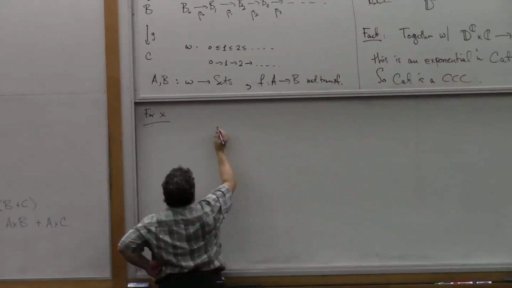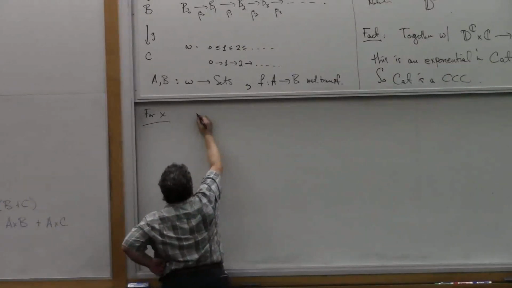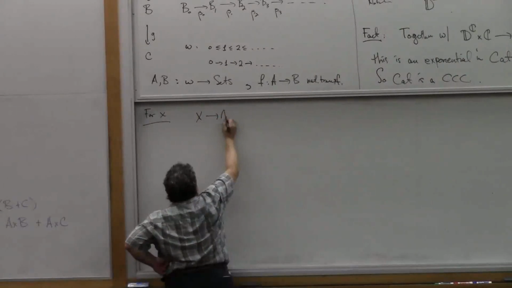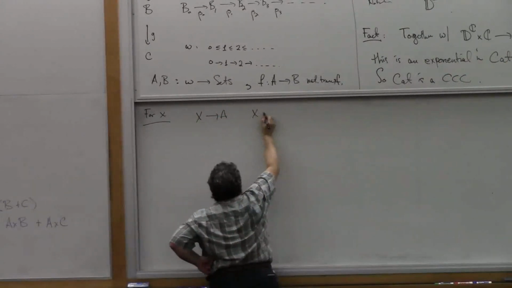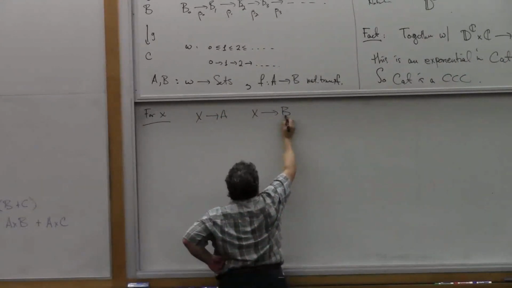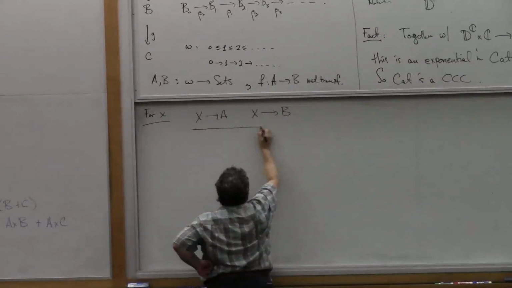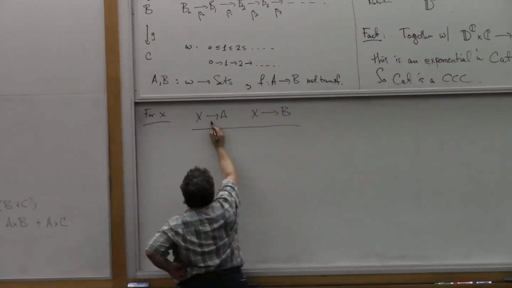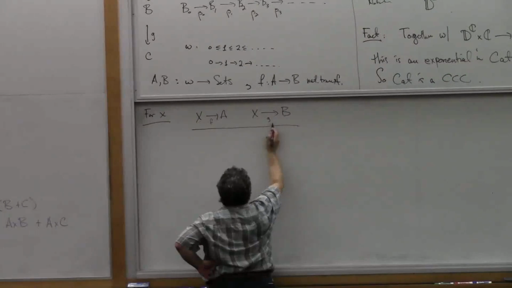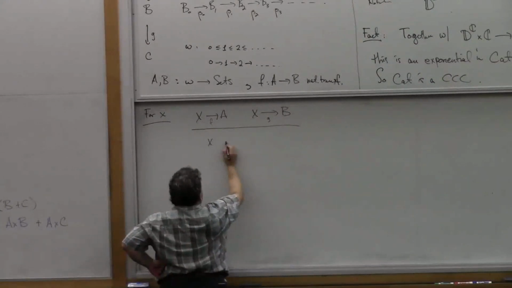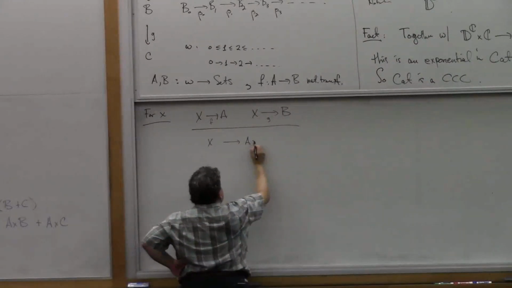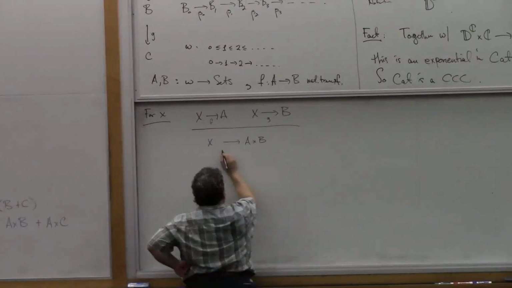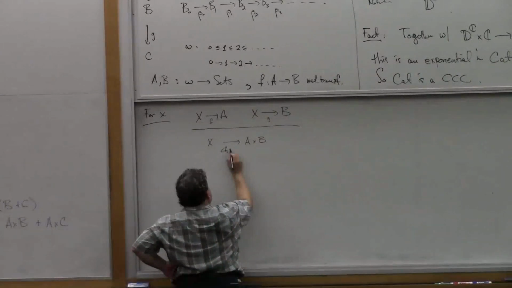we said a product is a thing that looks like this. If you have any X into A and another X into B, a pair of maps like that, an F and a G, determine a map from X into the product, which we called (F, G).